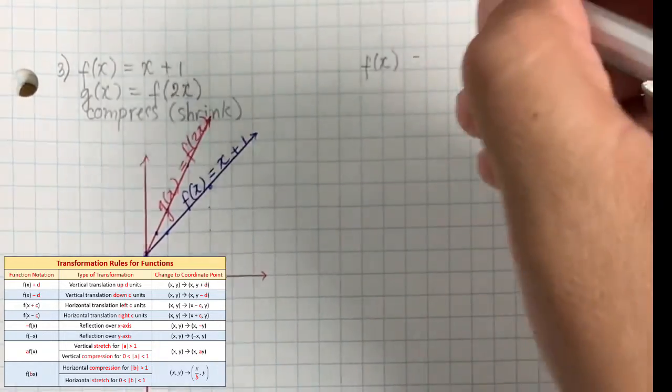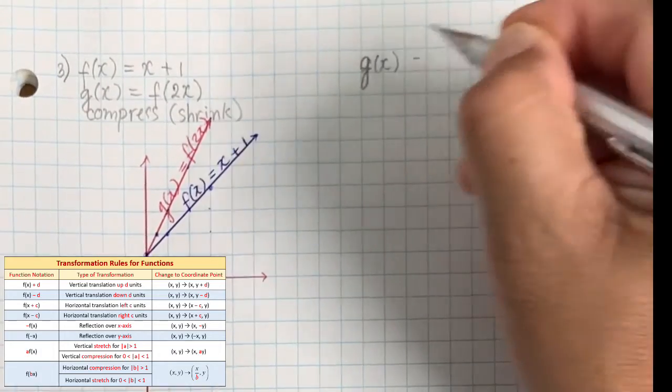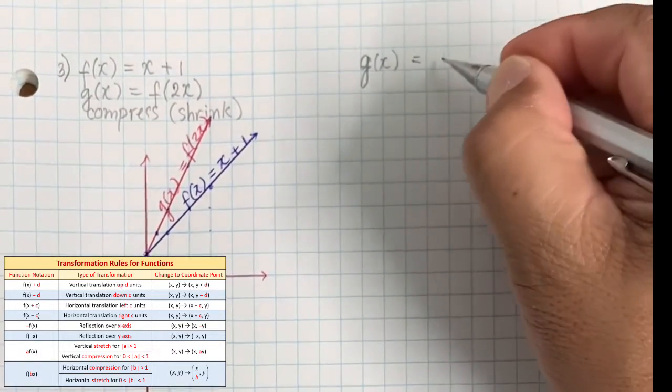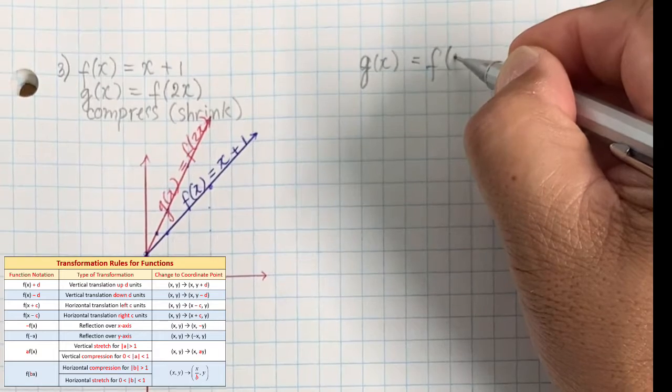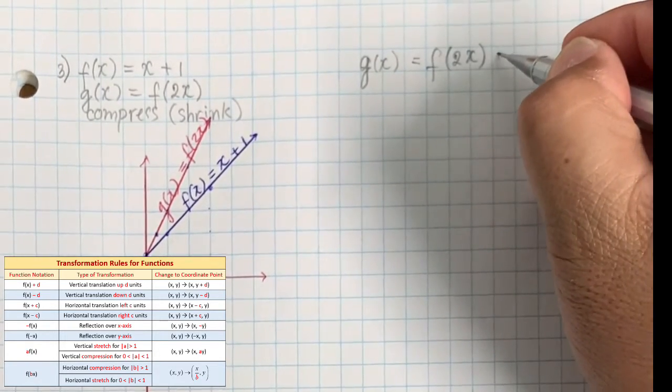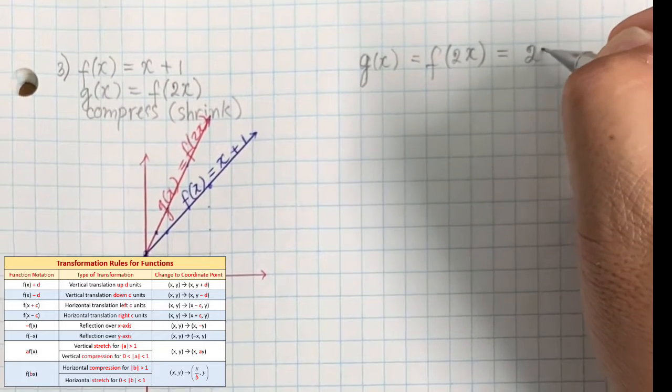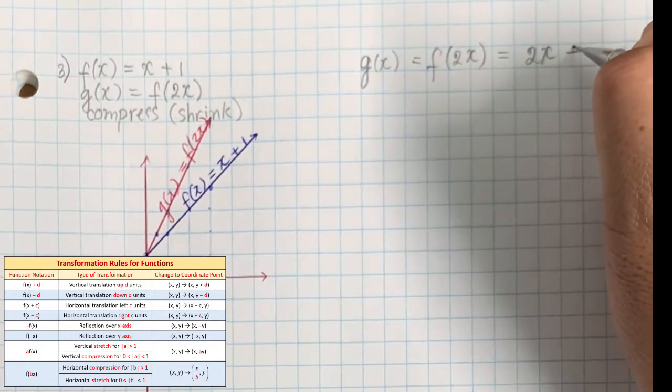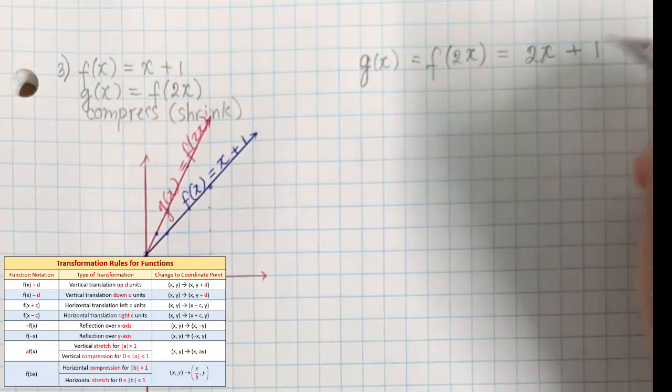Okay, so actually this is g of x, I'm sorry, equal what? F of 2x, right? So that's equal what? 2x plus 1. All right?